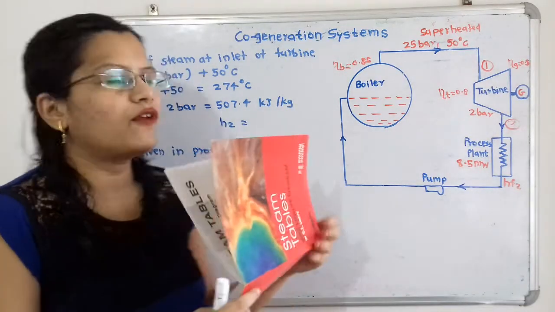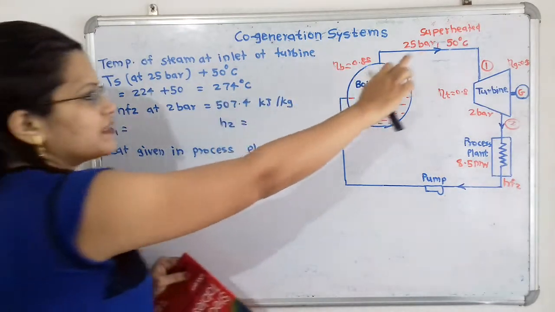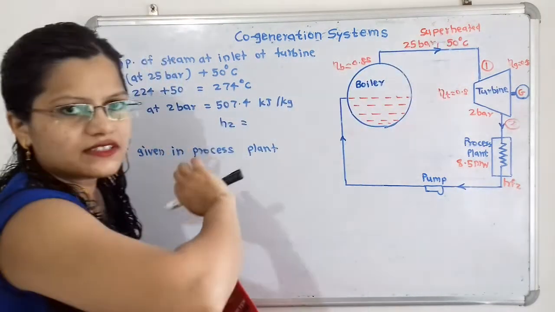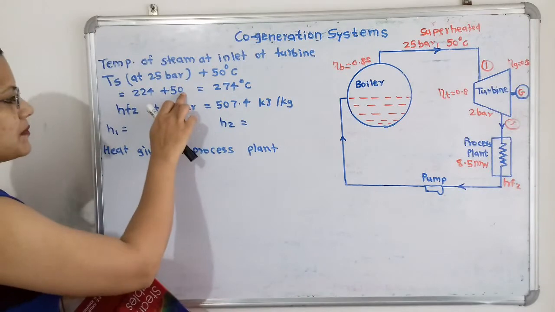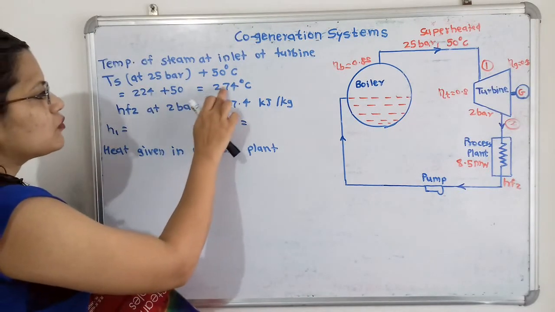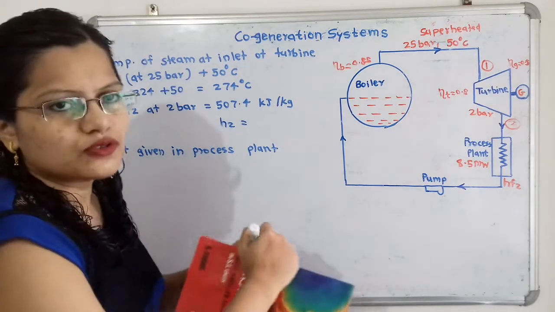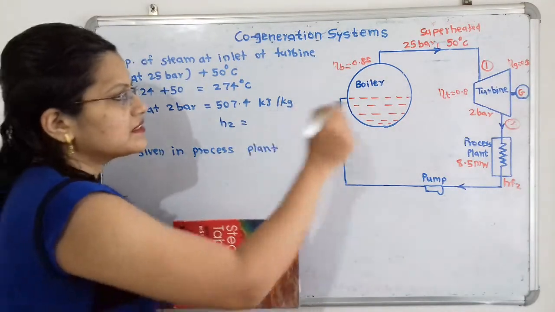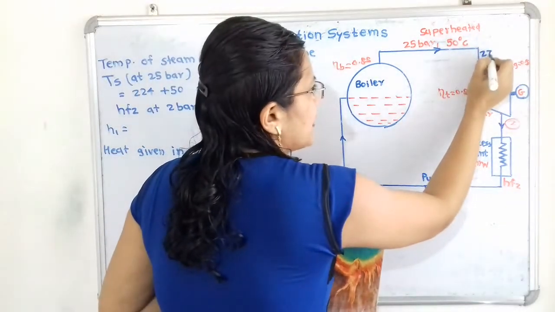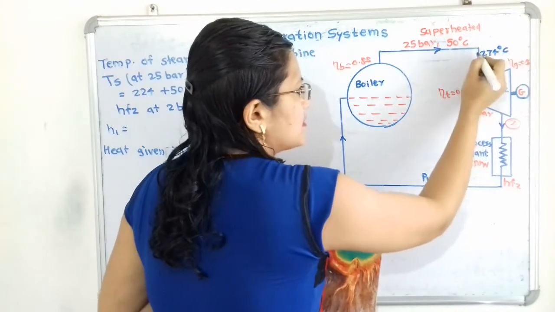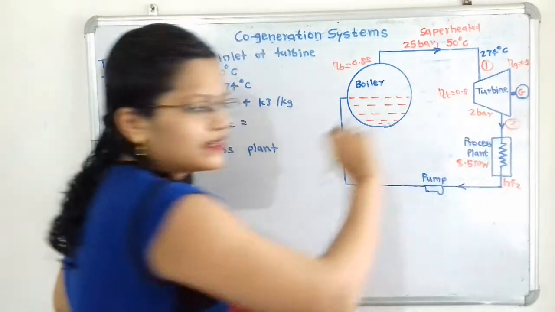So this 224 degrees Celsius plus the 50 degrees Celsius of superheat is 274 degrees Celsius. So the steam is entering the turbine at 274 degrees Celsius.